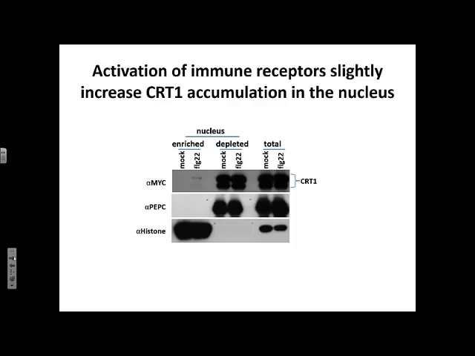So the portion that goes into the nucleus is very, very small. That's the reason why I was not able to see that when I used a confocal. But also we found that in the presence of flg22, the amount, although it's not as significant as I want it to be, seems to show a consistent increase.